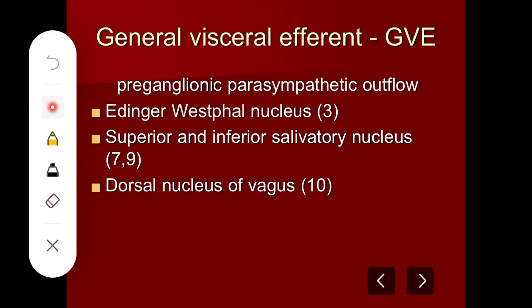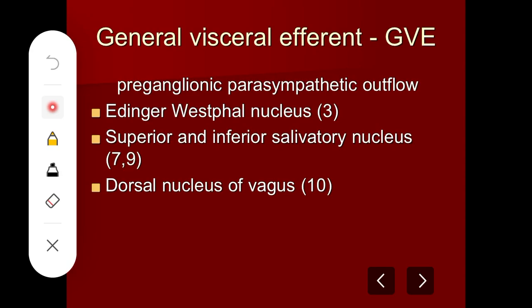These preganglionic fibers originate from the nuclei that I am going to mention, which represent the GVE component of the functional column. So GVE is that part connected with preganglionic parasympathetic outflow. The first one is the Edinger-Westphal nucleus.